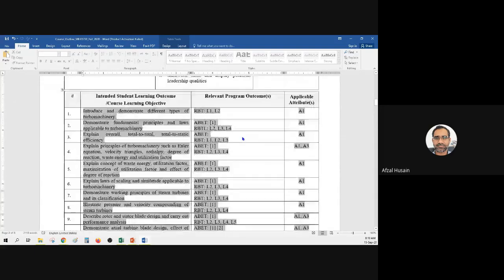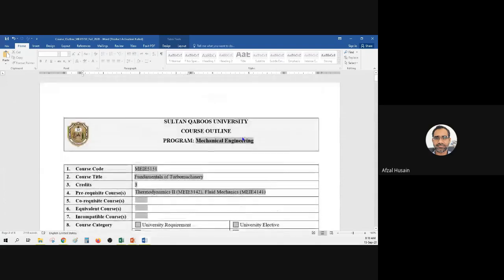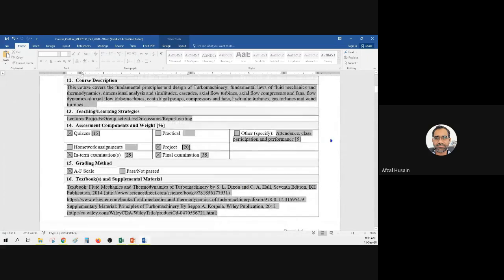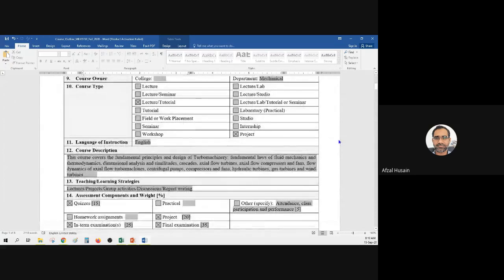And for the project, we will do a simulation and design project, where we are going to model a fluid machine. So we will simulate it, and that project may require your skills in geometrical modeling like CAD modeling. And then we will use some simulation software that can be SolidWorks, ANSYS, or COMSOL, to model any machine.